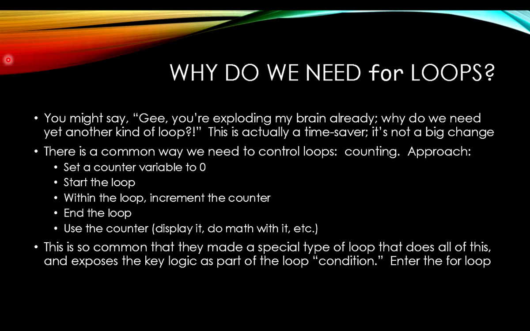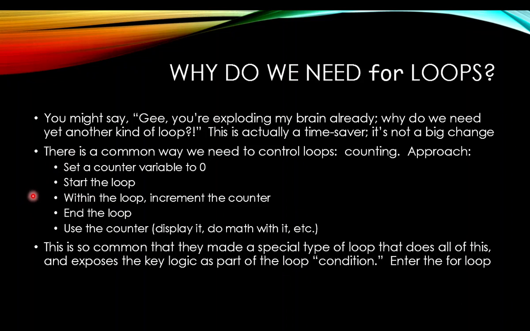we do some things so typically with while loops, right? We often need to control a loop by counting things. So for instance, we take this approach. You set a counter variable to 0, you start the loop, and then inside the loop somewhere you increment that. You tick it up by 1. And then that has counted how many times you're working through the loop.